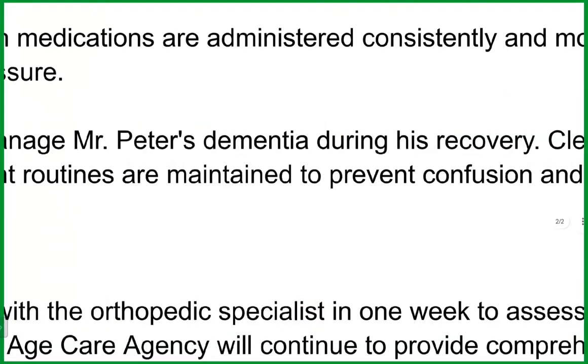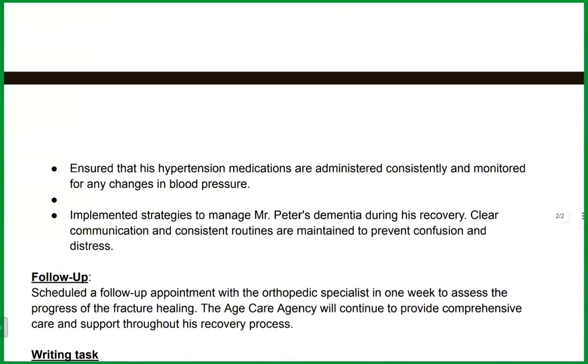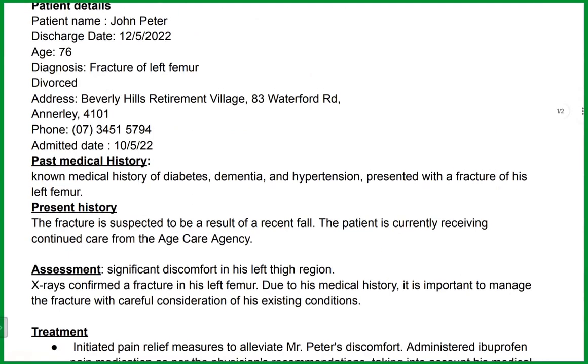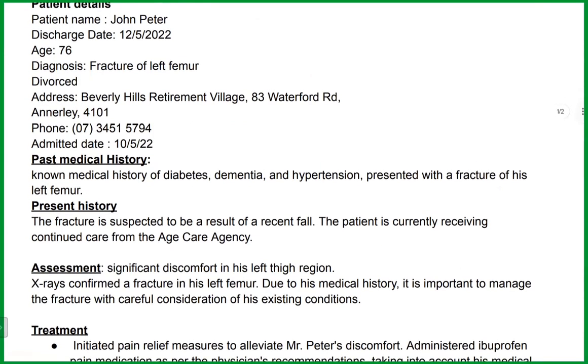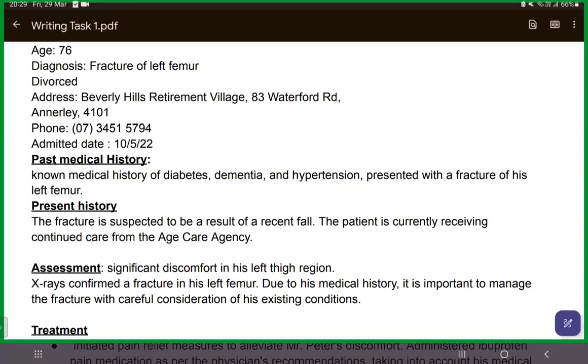And how can we select the relevant or irrelevant data? Patient name is relevant, patient discharge date is relevant, age and diagnosis. But you can see in the present history that the patient is currently receiving continued care from an aged care agency.